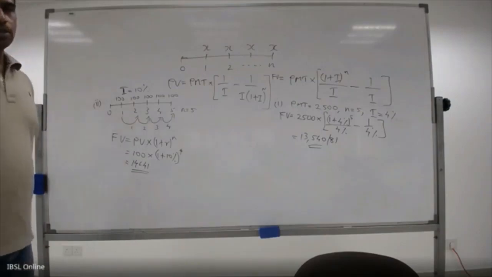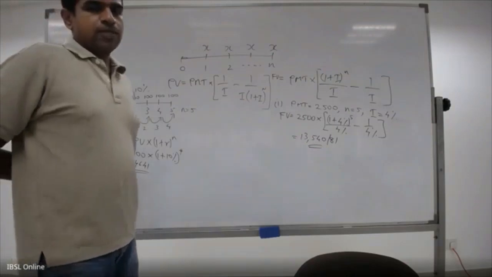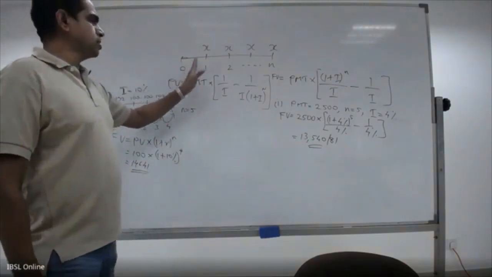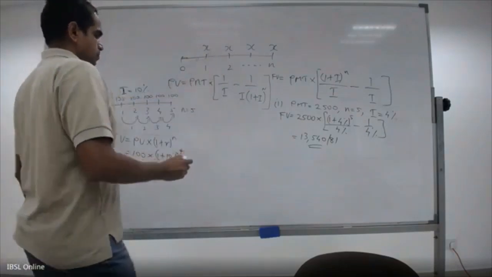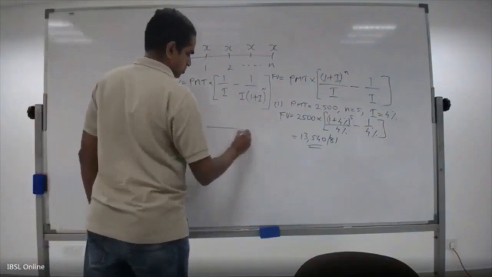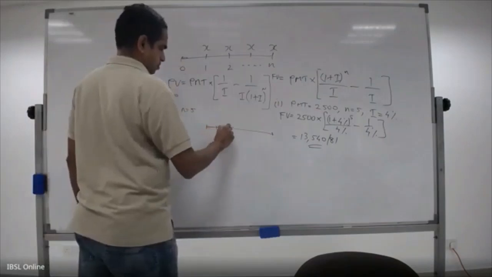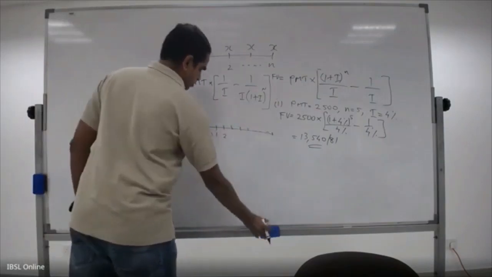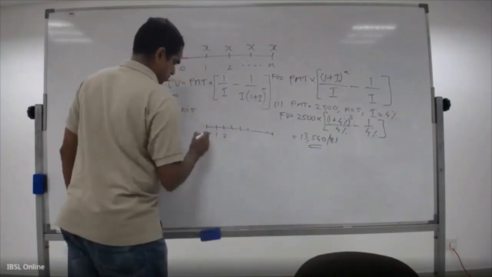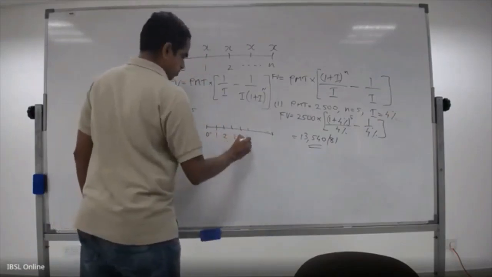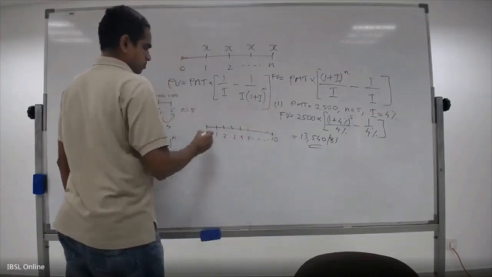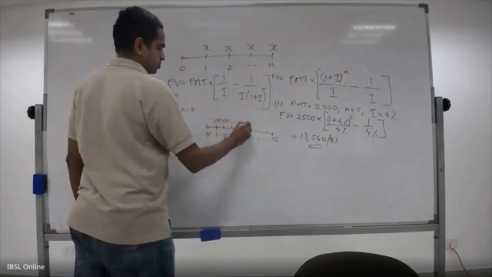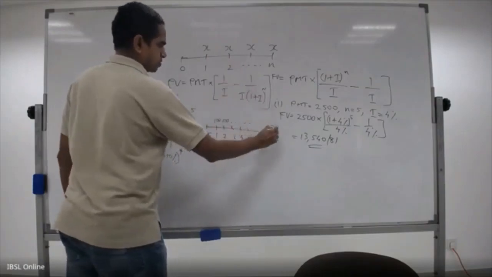If you are offered an annuity that pays $100 at the end of each year for 10 years, so every year you will receive $100 every year for 10 years.